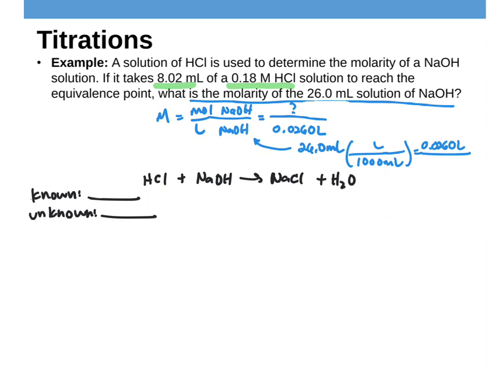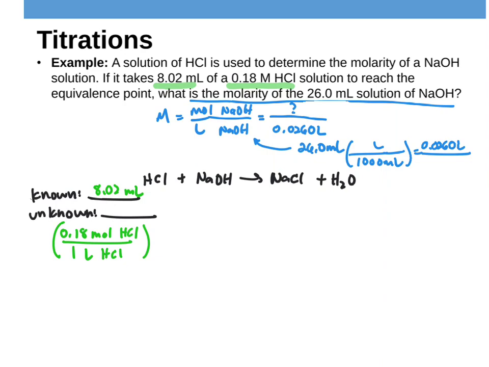So that's my starting amount. Remember that 0.18 big M, that's molarity, that's molar, and that always equals moles per liter. So saying that is the same thing as saying 0.18 moles of HCl per 1 liter of HCl solution.